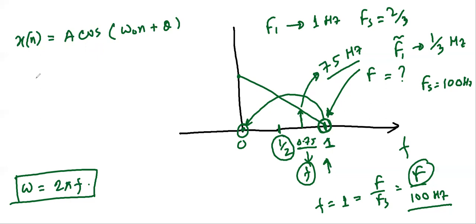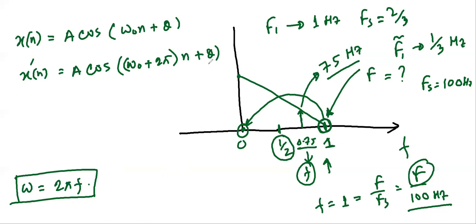Now, if there is another signal x prime [n], let's say that is A cos((omega 0 plus twice pi) n plus theta).